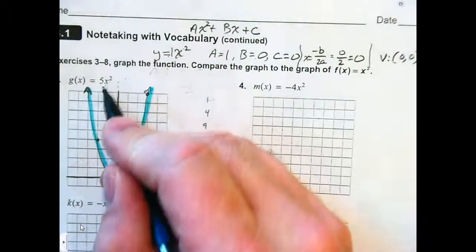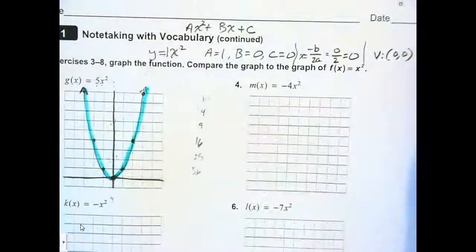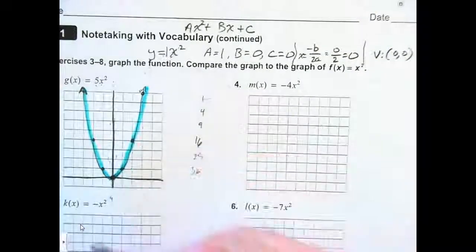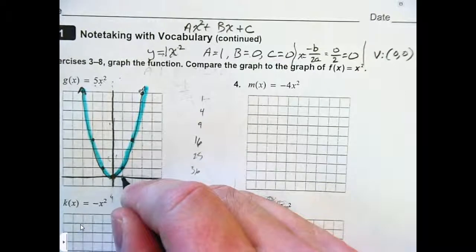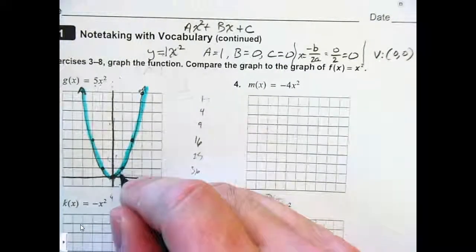What's this graph going to do? What do we know about the 5 compared to the 1? It's going to stretch. So when x is 1, what's y? It's 5.